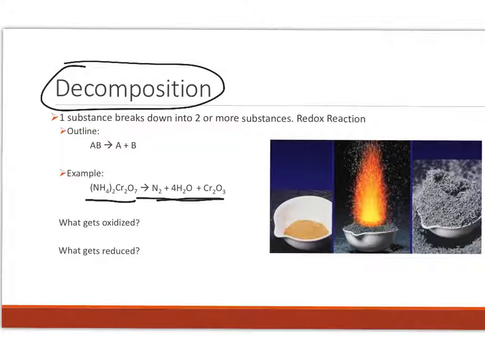This is also generally a redox reaction. For things to break down, they generally need to change their oxidation states, and generally it's to a more stable state. That's why they would do it. So, again, determine what gets oxidized and what gets reduced. Pause the video if you need.